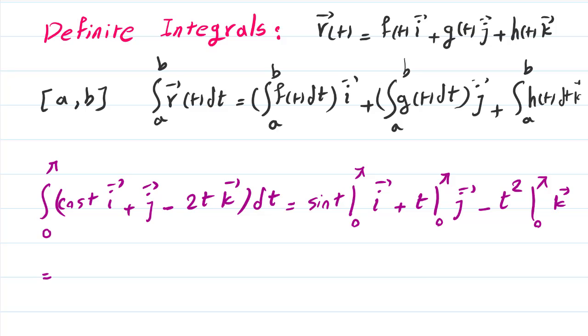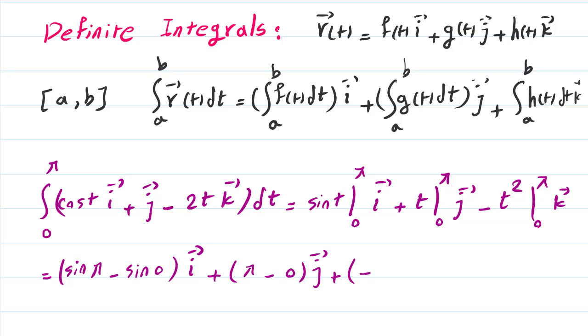Sine of pi is 0 minus sine of 0 is 0 to i plus pi minus 0 j plus negative pi squared minus negative 0 squared k.